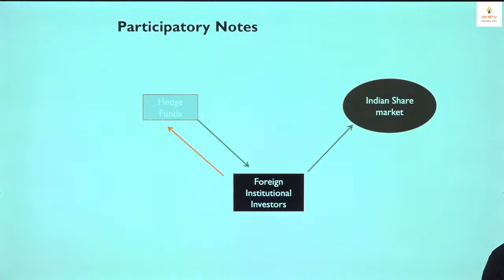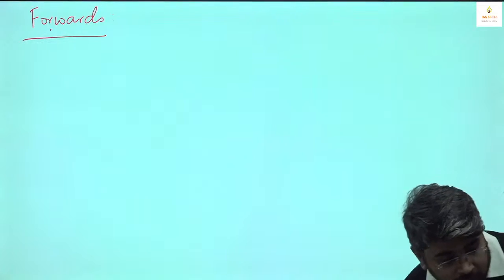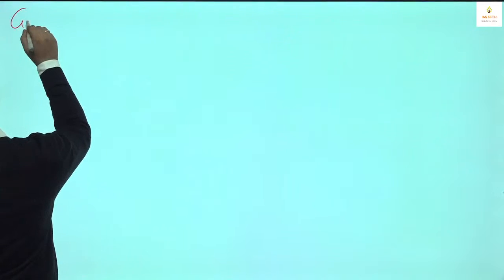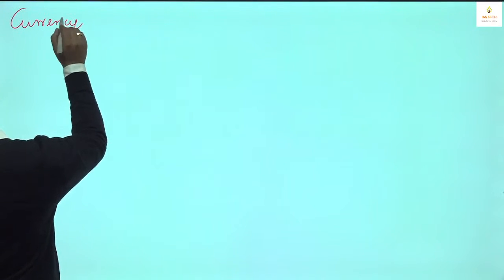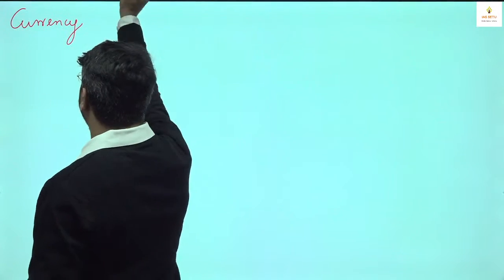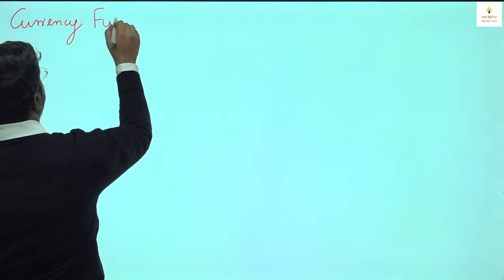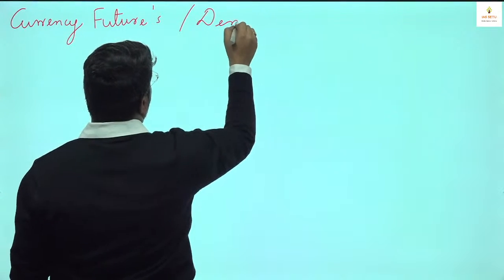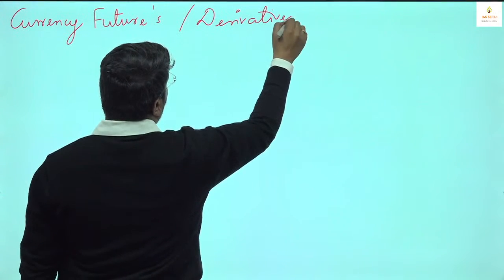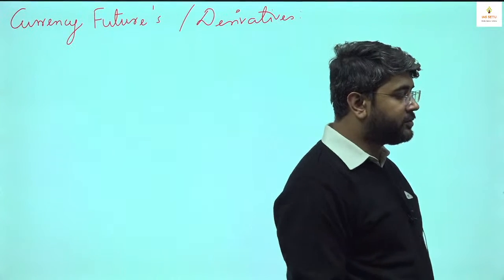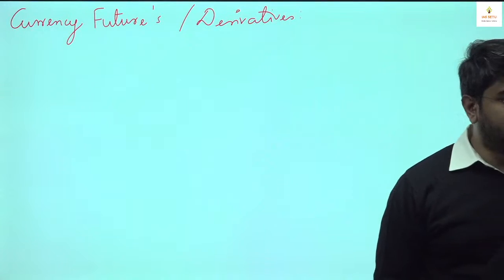Next, let's come to the last one, which is my currency futures. I believe this is my third or fourth. Third है, ठीक है. Fourth instrument, currency futures या currency derivatives. So contract है ये भी.